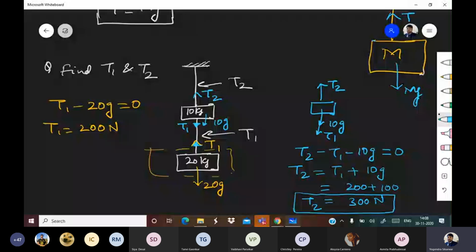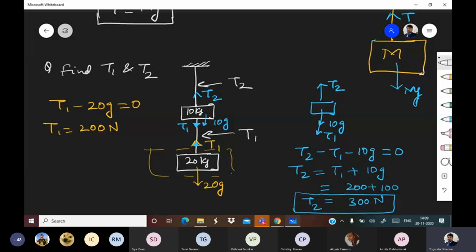Just for example, if we cut here, this 20 kg block will fall down. So that is tension in this string, which is caused only due to the 20 kg block, and that becomes 20g.